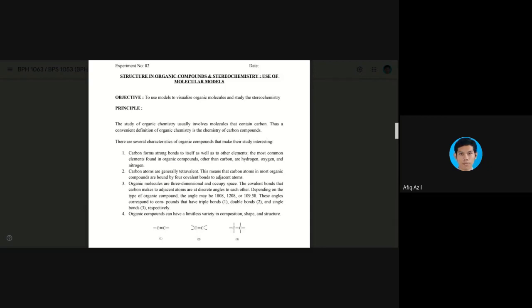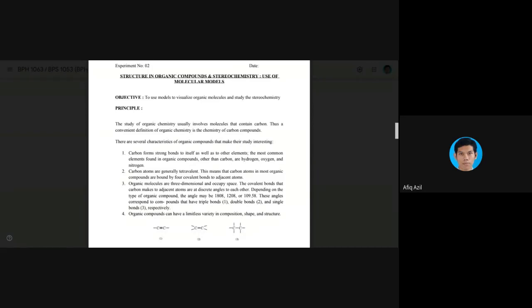Okay, so as what you have learned in unit 3 on stereochemistry, in my lecture I also asked you to refer to some of this software to help you visualize all of this projection.